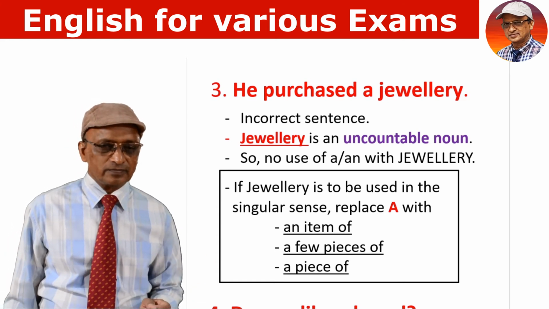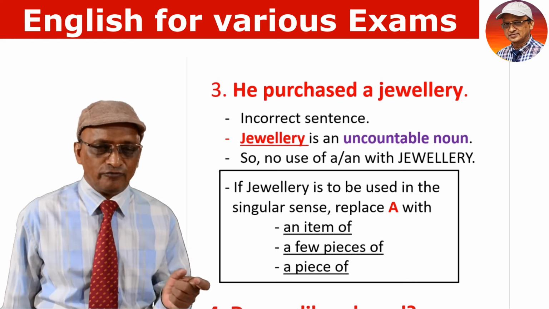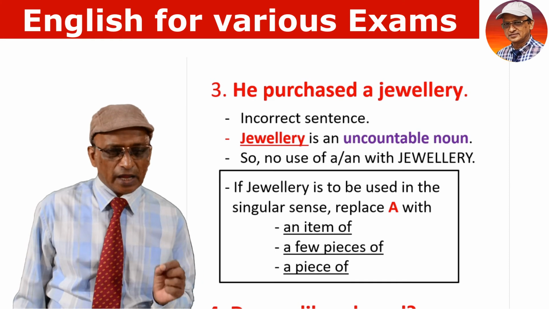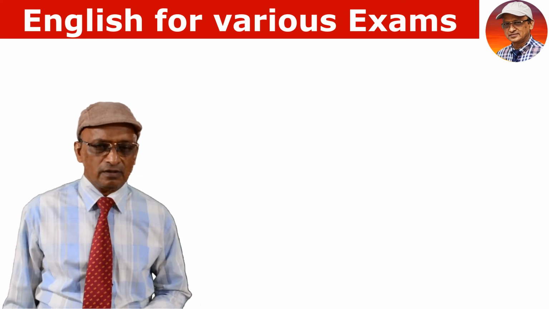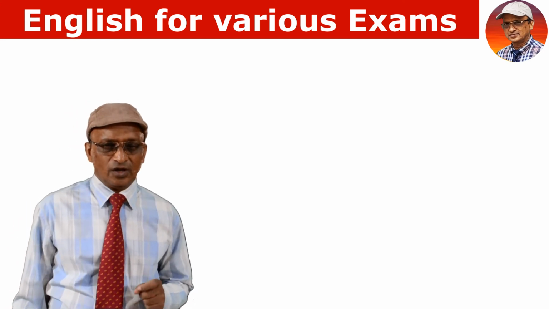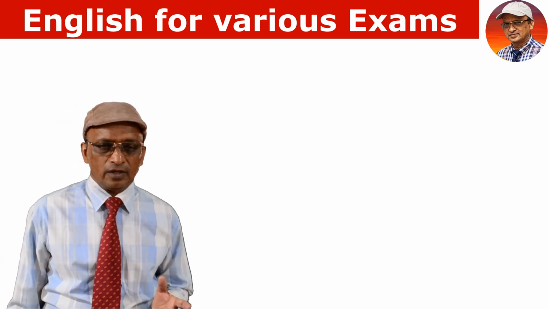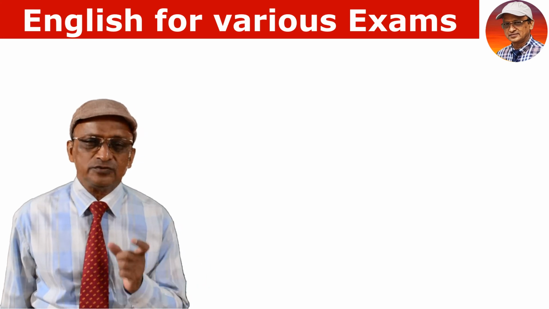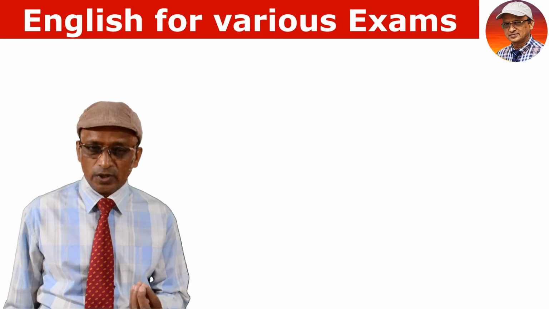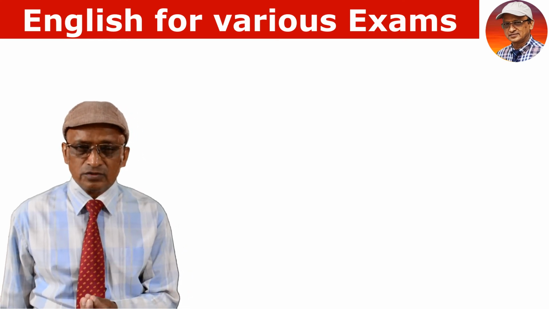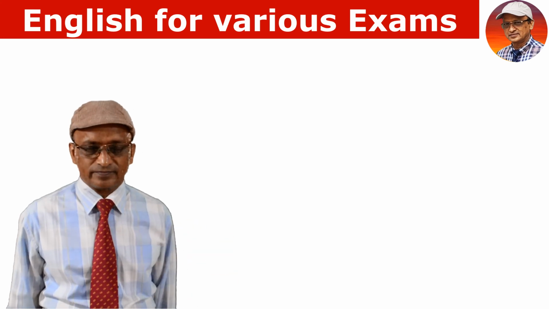The expression is an item of, or a few pieces of, or a piece of. Let me correct the sentence. He purchased an item of jewelry, or he purchased a piece of jewelry, or he purchased a few pieces of jewelry. This is the correct sentence. Simple rule is uncountable nouns should not be associated with the article A or an.